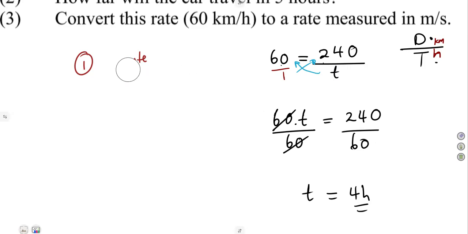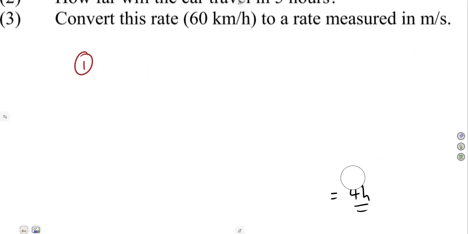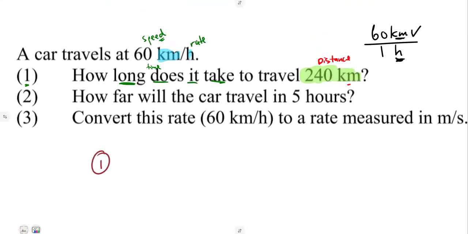Which is not a problem. Another way that we could have answered this question is to understand what that rate represents. And we said it represents speed. So I'm given a speed of 60 kilometers per hour.